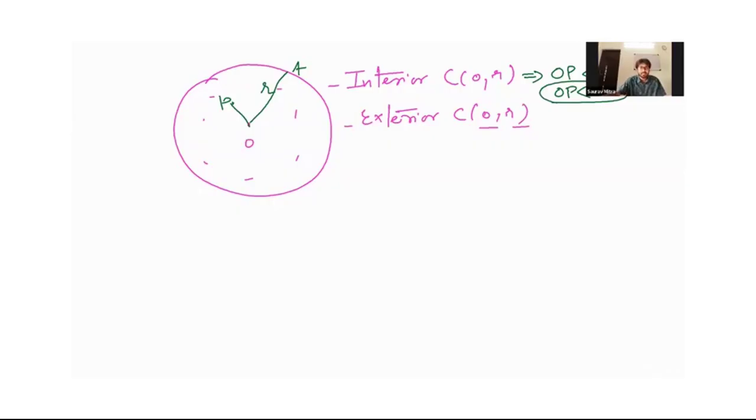Got it? So this is called your interior. And if point P is outside the circle, then OP will be greater than OA, that is, OP will be greater than r.